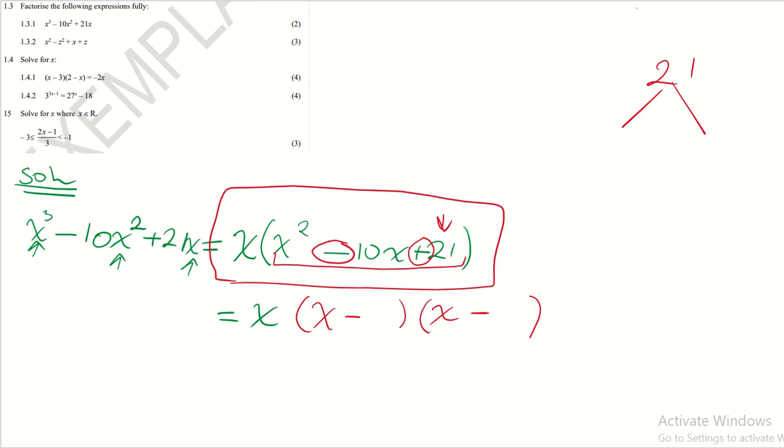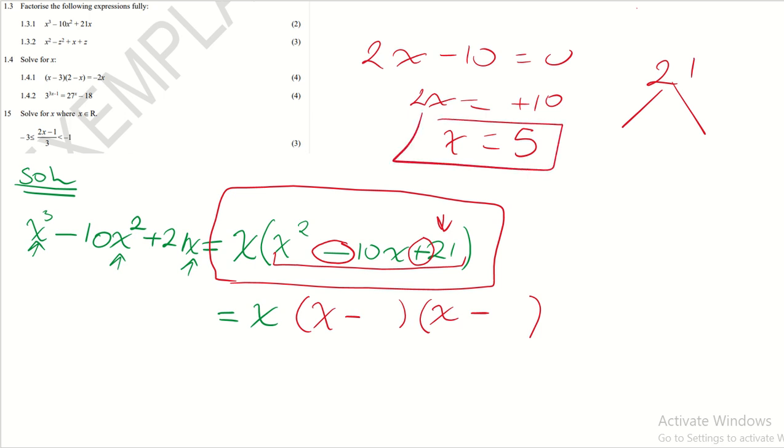Let me quickly check something. Negative 10 equal to 0. Then I have 2x equal to positive 10. I have x equal to positive 5.